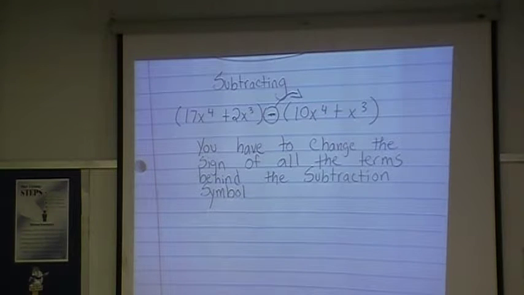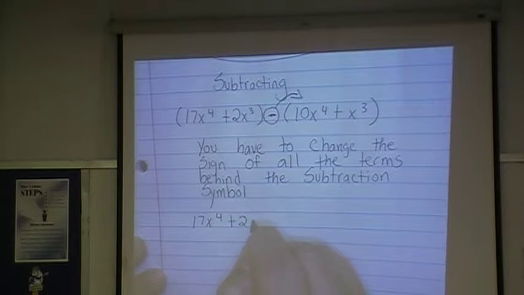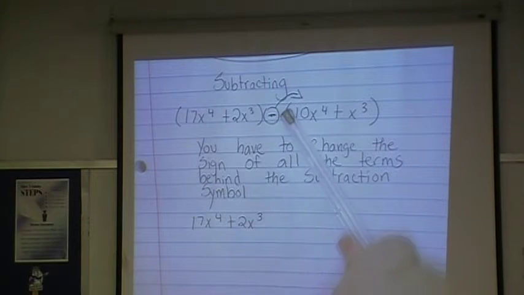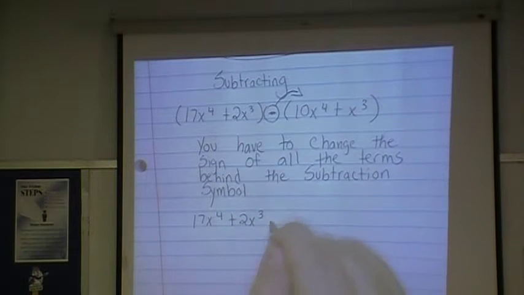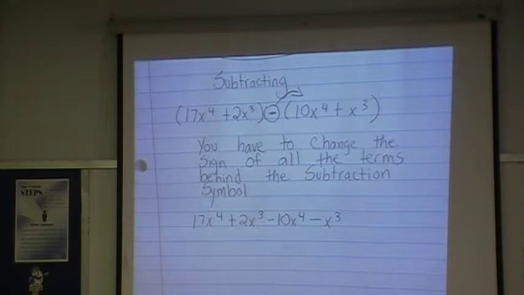So what I tell kids, and I can't make you do it, but if you miss it, you're like, oh, okay? Rewrite what you have in the front. Just rewrite it. Because you have recognized there is a minus, just rewrite, changing your sign, what's behind.